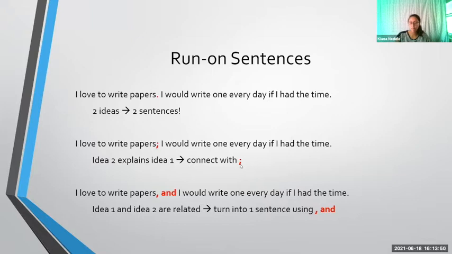It looks like a comma with a dot above called a semicolon. I love to write papers, semicolon. I would write one every day if I had the time. This still adds a pause, but a shorter pause so that we see the ideas are connected.